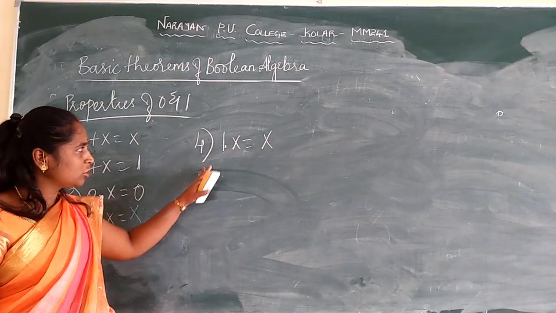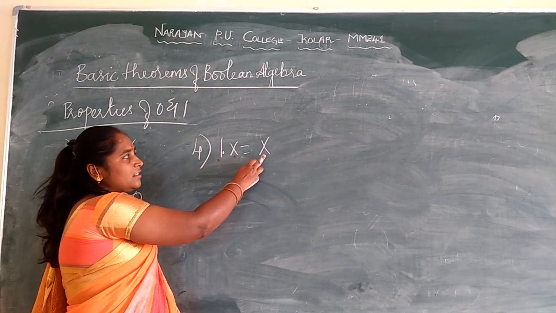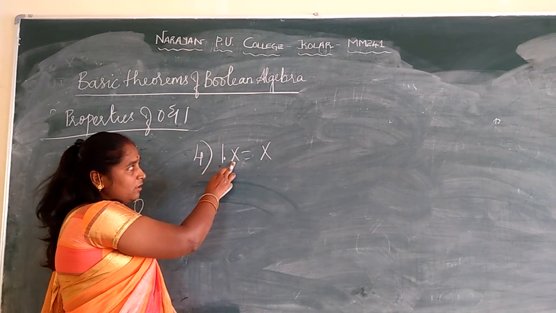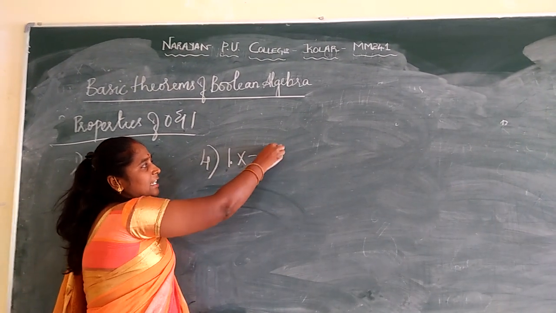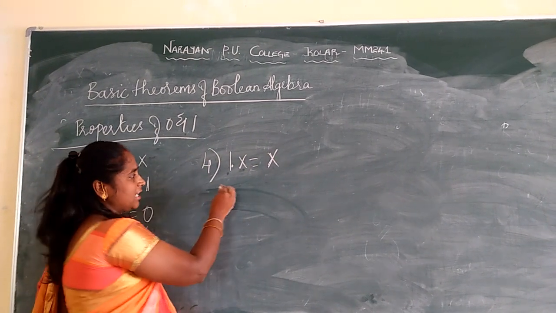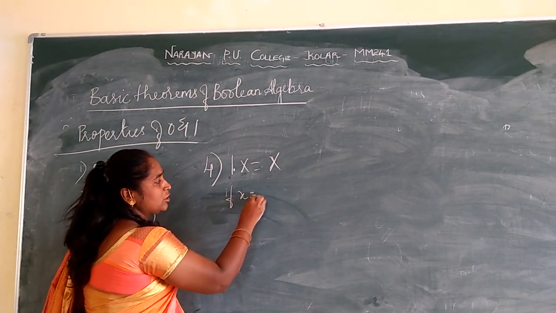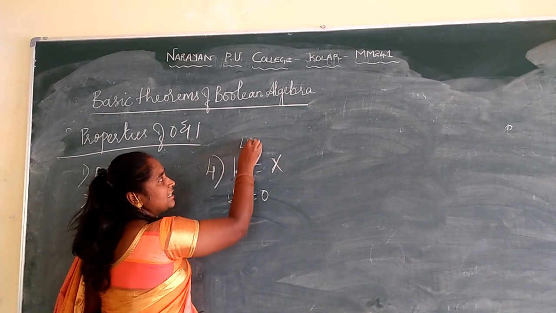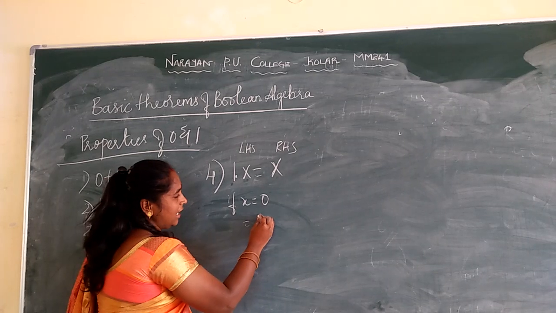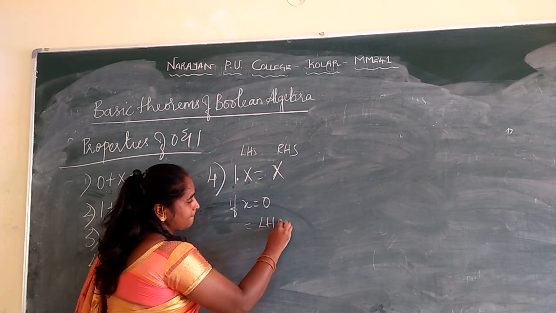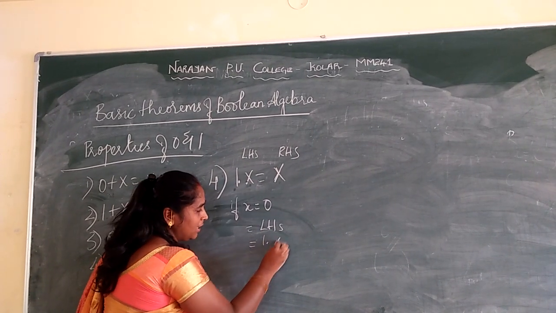Okay. Your fourth property is 1 into x is equal to x. For every condition of x, that is zeros and ones, you have to get the result as the variable x. First condition, if x is equal to 0. Consider this as your LHS and this as your RHS. So consider the LHS, that is 1 into x.